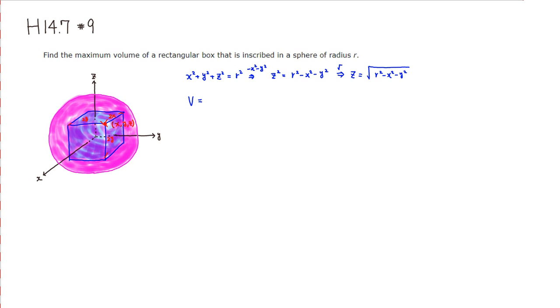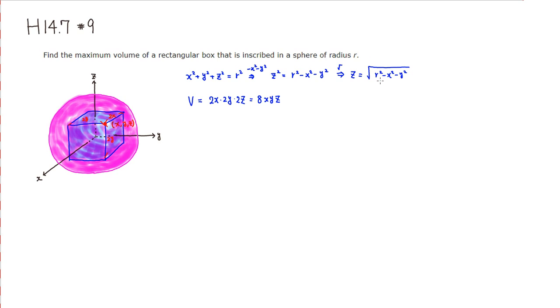So the volume of the box is simply 2x times 2y times 2z, which is 8xyz. Since we don't want to deal with 3 variables, we want to deal with only 2 variables.